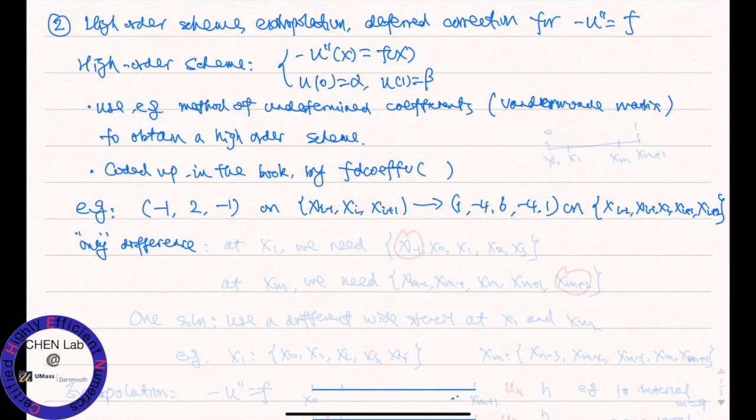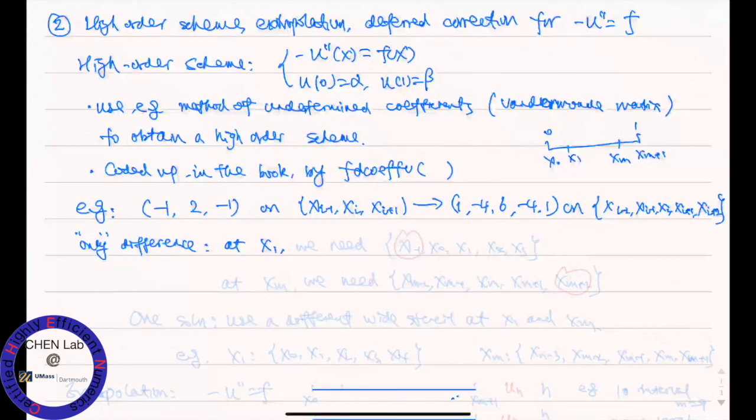But the only real difference is at x1. Remember we have x0, x1, and here is xm plus 1, here is xm. So we need to enforce the equation at x1 to xm.